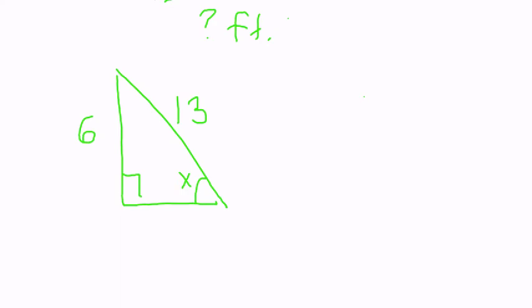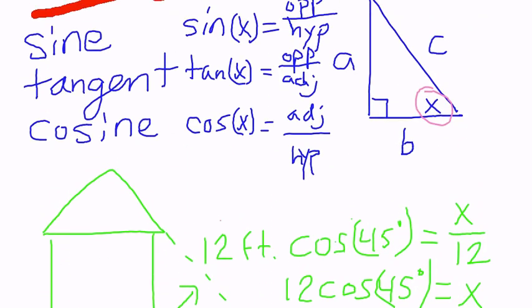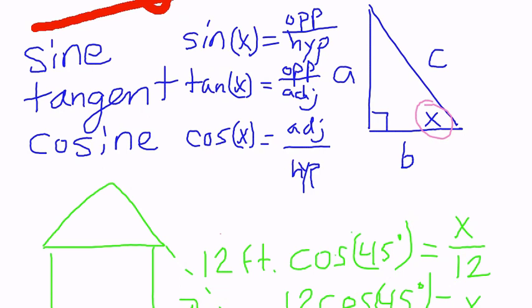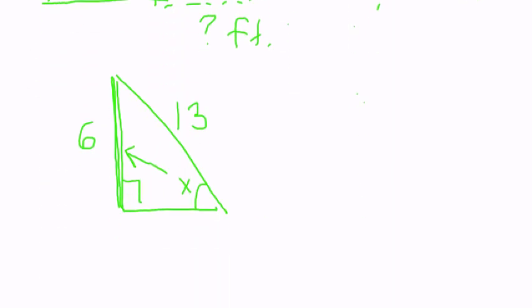So in this case, we look at the opposite side and the hypotenuse. Opposite and hypotenuse, that would be sine of x is opposite over hypotenuse. So sine of x equals, opposite is 6, hypotenuse is 13. So we know sine of x is 6 over 13, which, in decimal form, is about 0.46.